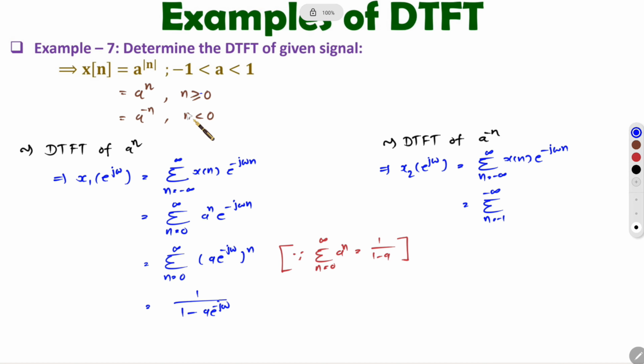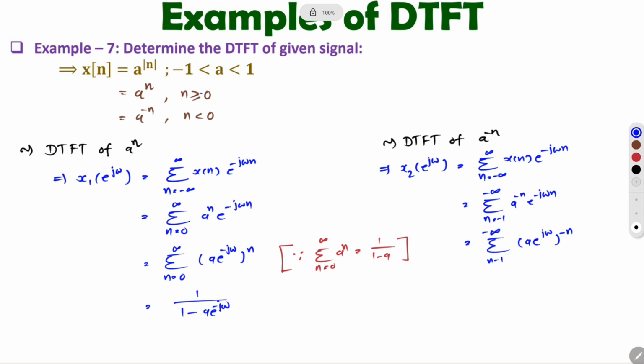Here we have n less than 0, meaning this summation is ranging from minus 1 to minus infinity. At that time, x of n is a to the power minus n, right? Now let me simplify this first. Here one can observe we have this summation having a times e to the power j omega, to the power minus n.